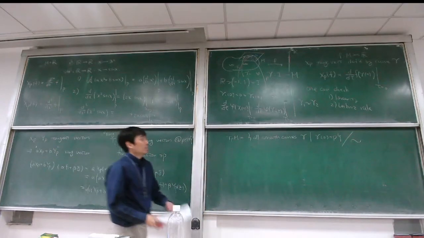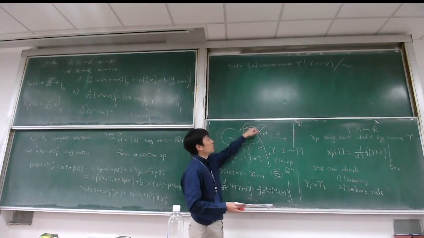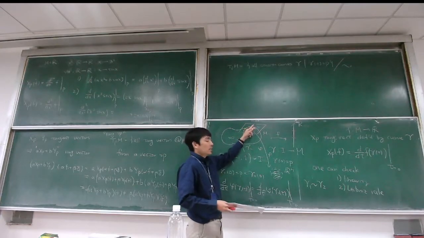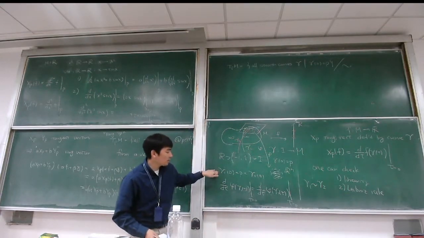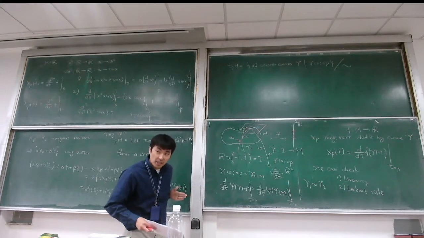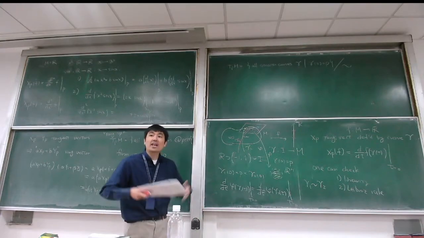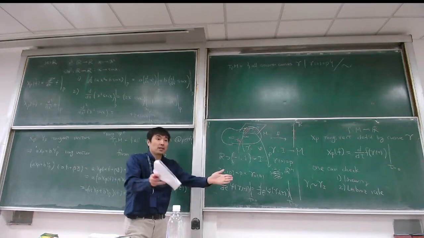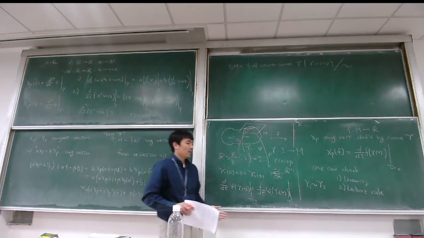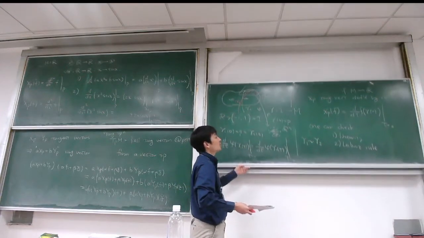This means you consider all smooth curves that go through the point P, but if they satisfy this condition, you identify the curves. That's what I mean. If they have the same tangent vector, you just identify them. That's another way to define the tangent space.